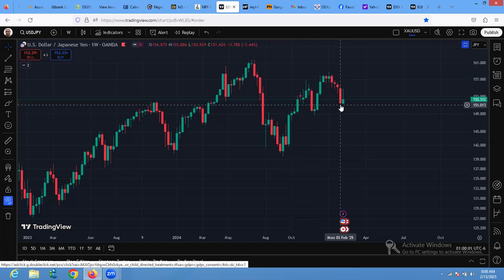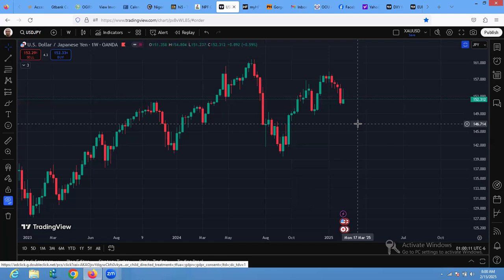If that is what is going to give, then this going up will be an A, B, probably a C for a further fall. So we need to be careful here.